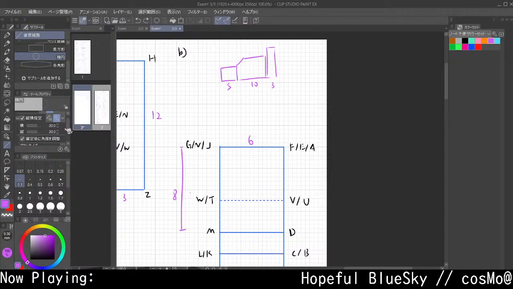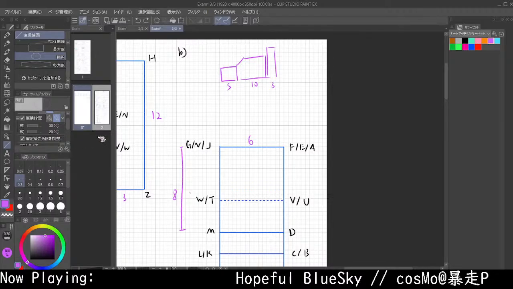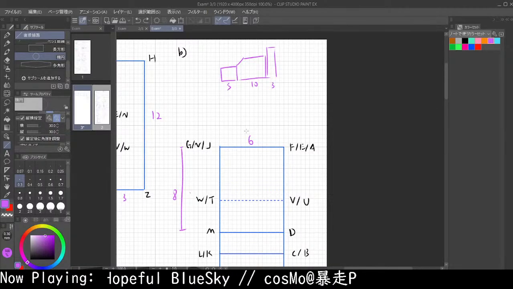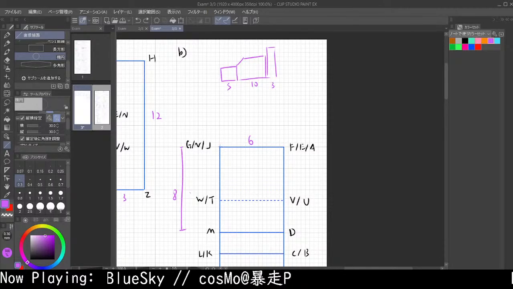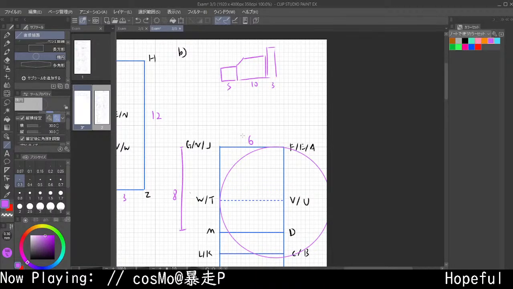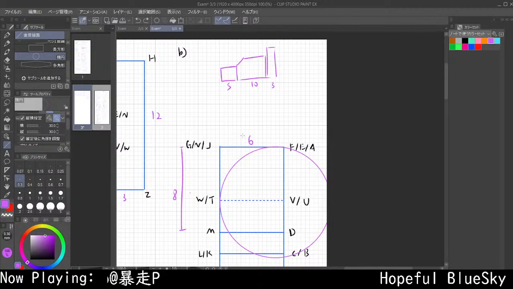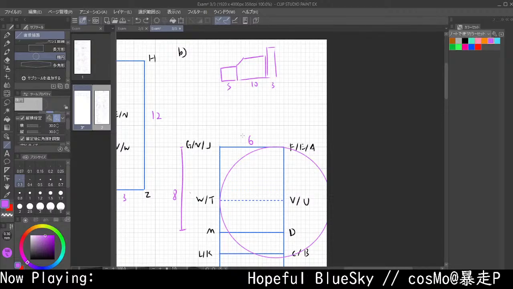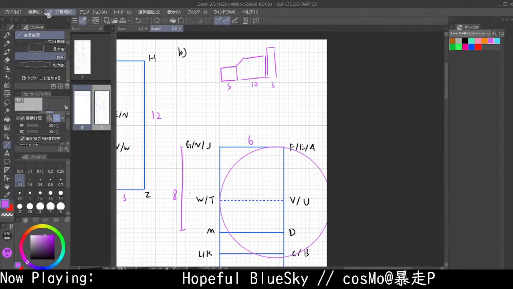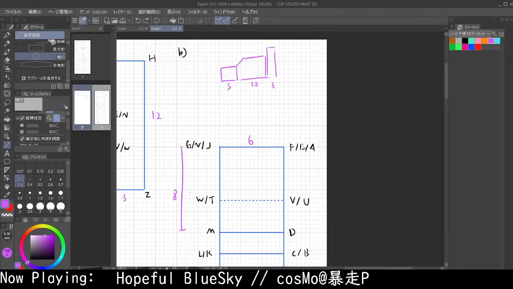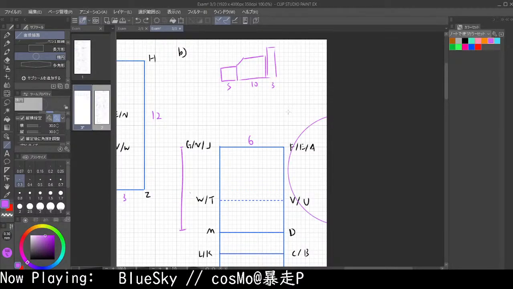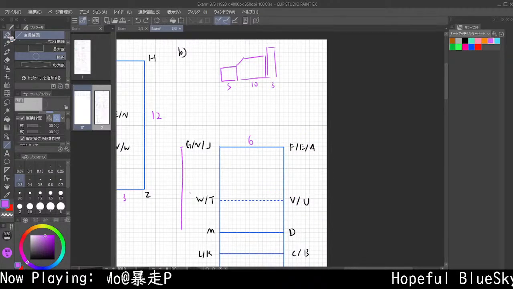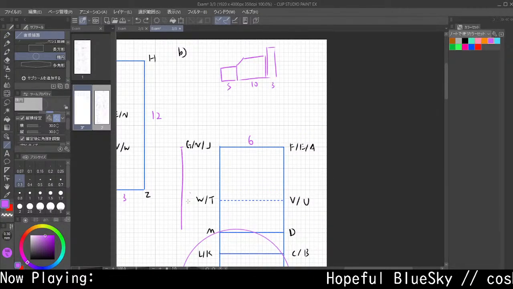Yeah. Let me just place one over here. Oh wait, that's a bit too big. Okay. What's wrong with my controller? Oh, interesting.